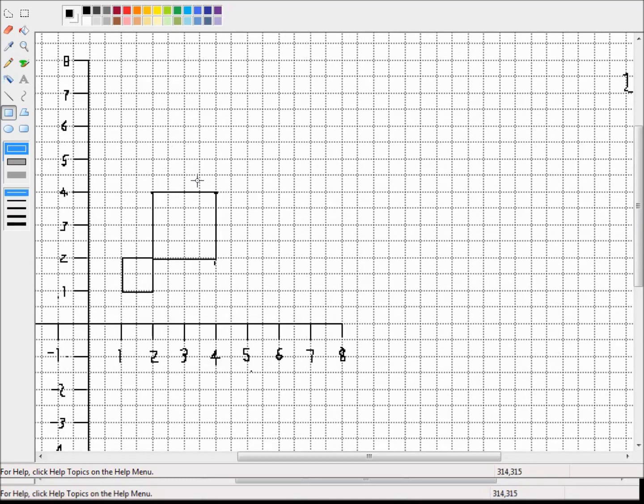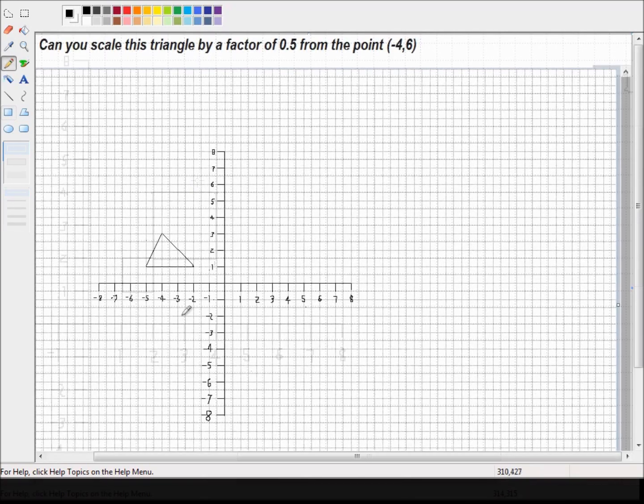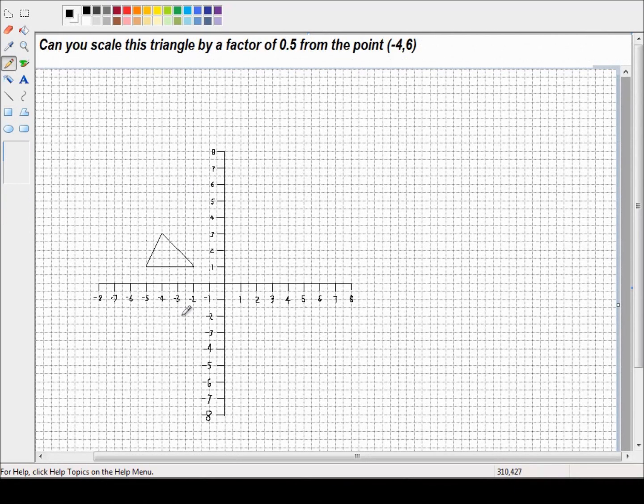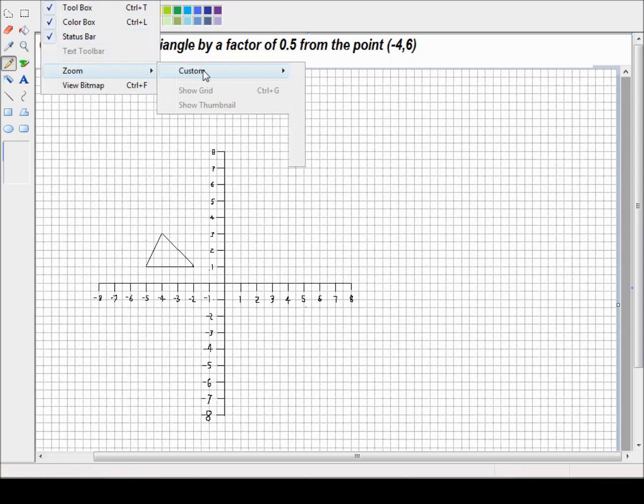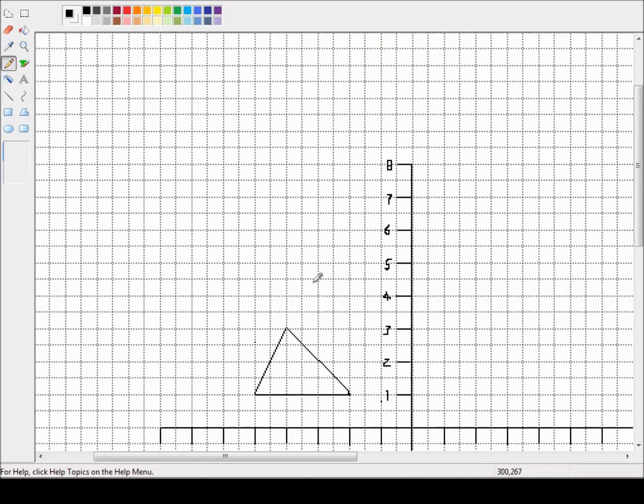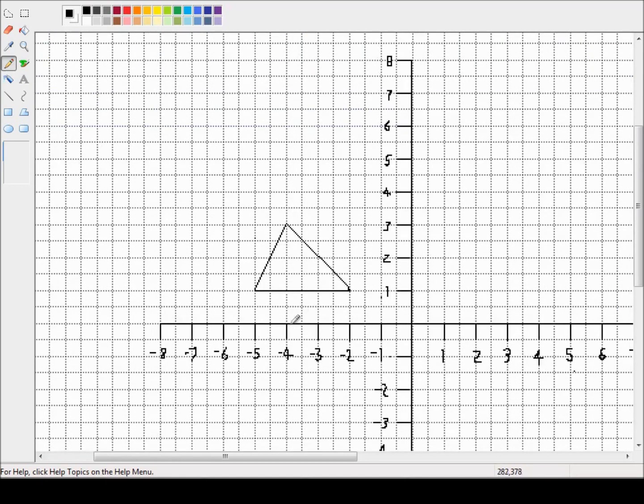Okay, let's have another example. Right, so in this question we're asked, can you scale this triangle by a factor of 0.5 from the point -4, 6? Alright, so the point that we're scaling from is -4, 6, and in fact I'd like to view this a little bit better so that I can see clearer.